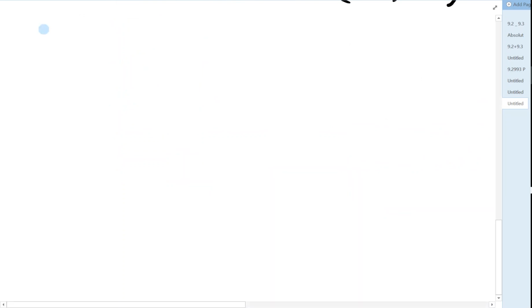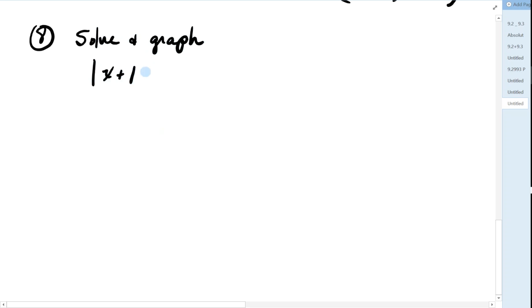Number 8. We're asked to solve and graph the absolute value of x plus 1 is less than 5.